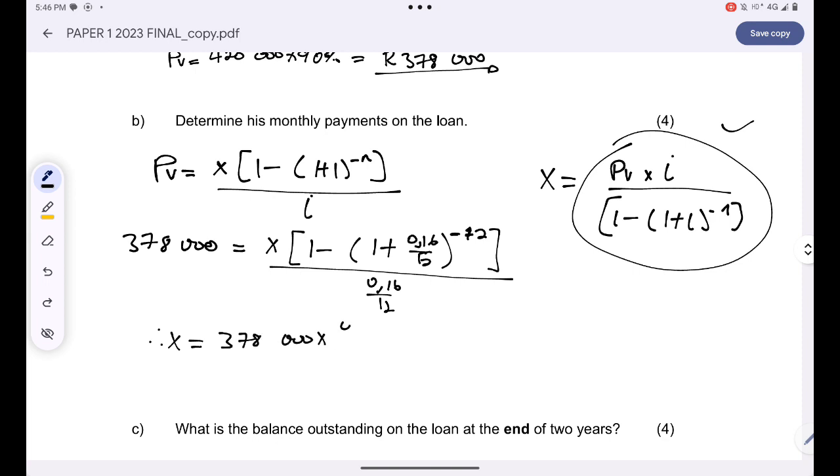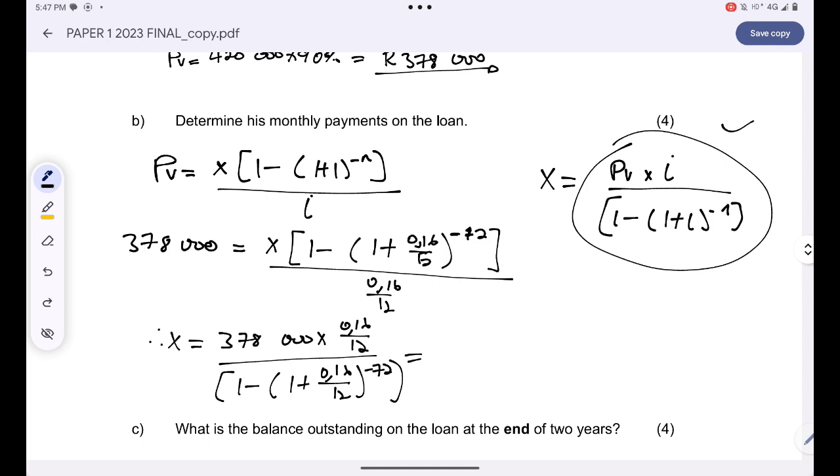Hence X will be equal to 378,000 multiplied by 0.16 divided by 12, all over 1 minus 1 plus 0.16 over 12, all raised to the power of negative 72. This will simply give me my final answer.